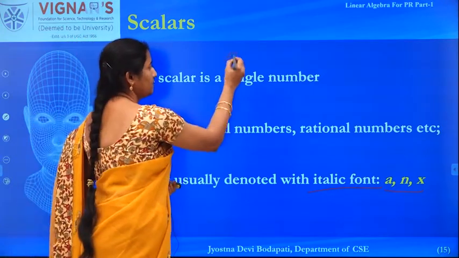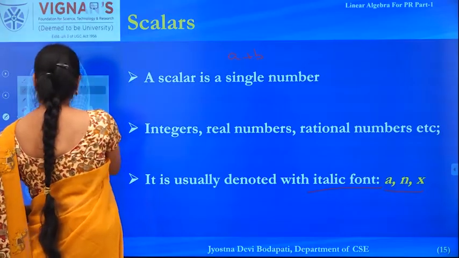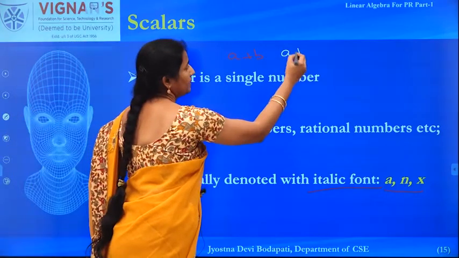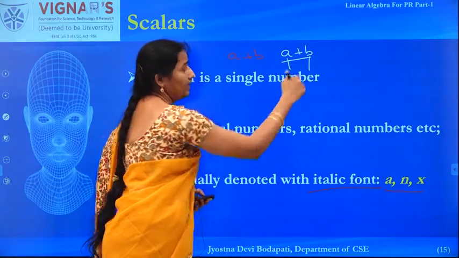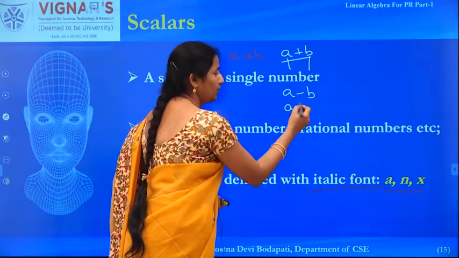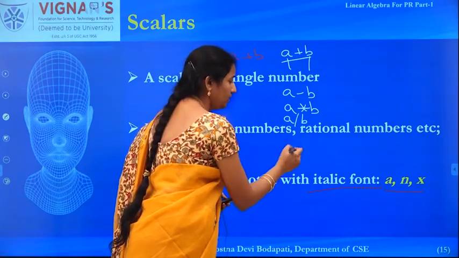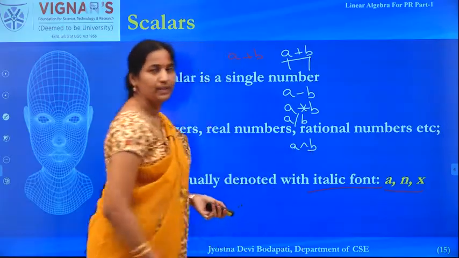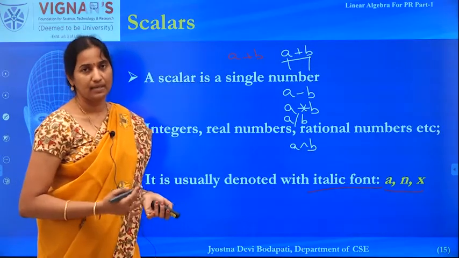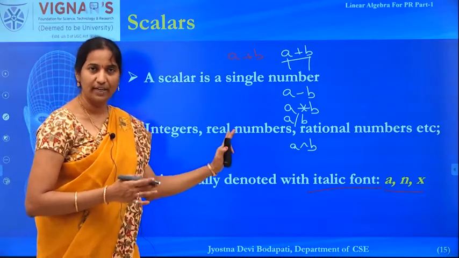For example, I can say a plus b, where a and b are scalars. We are very much familiar with that, I need not repeat. So a minus b, subtraction, then multiplication, then division, then the exponent. All these are operations you can apply on scalars. I am not going into the details of that, as all of us know that very well.